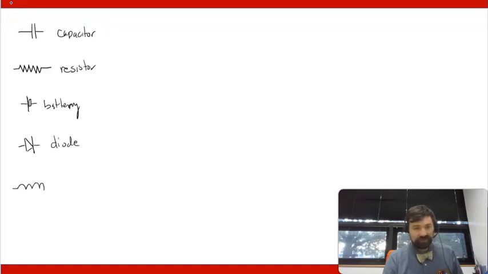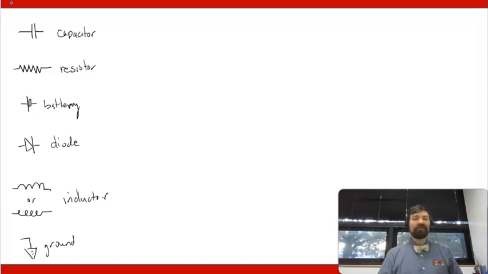This, or sometimes this, represents an inductor, and then this is the symbol for ground. Sometimes it also just has a triangle like this. Either one of those works for ground.